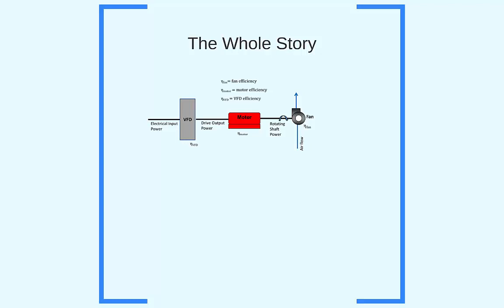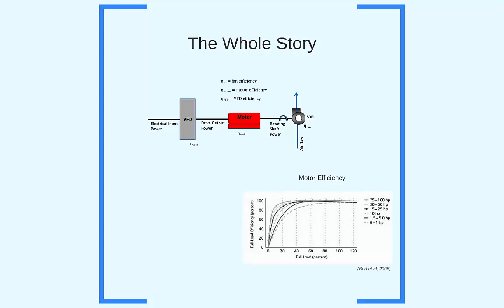Look at how motor efficiency typically degrades with decreased load. Similarly, the efficiency of the VFD decreases at part load as well. The VFD has some fancy solid-state electronics in it that vary the frequency of the power. Thus, it uses up some energy itself. Therefore, the efficiency of the VFD is just the ratio of how much power it sends to the motor divided by how much is fed into the VFD.